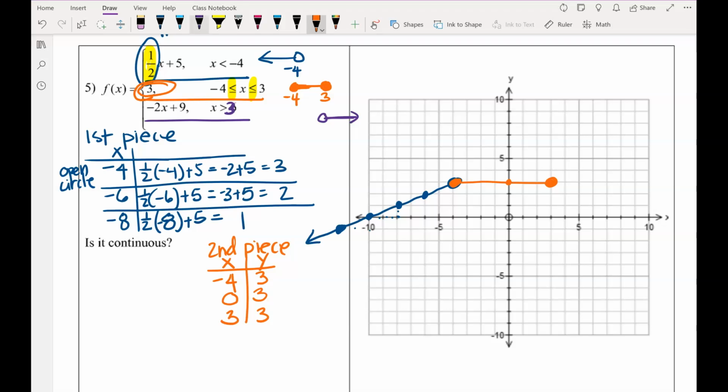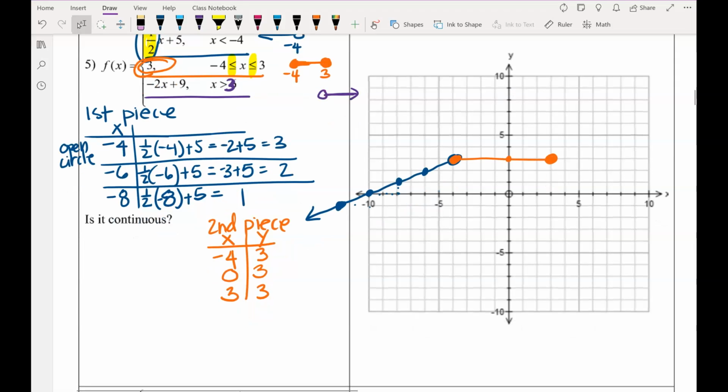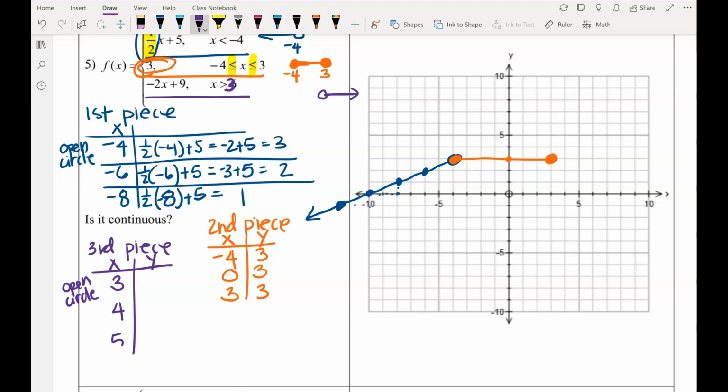Now, last piece is going to be, let's put that, how about here, third piece. We are going to pick 3, but we know that this is going to be an open circle because we do not see an equal sign. And then we're going to pick like 2 more x values, okay, like 4 and 5.